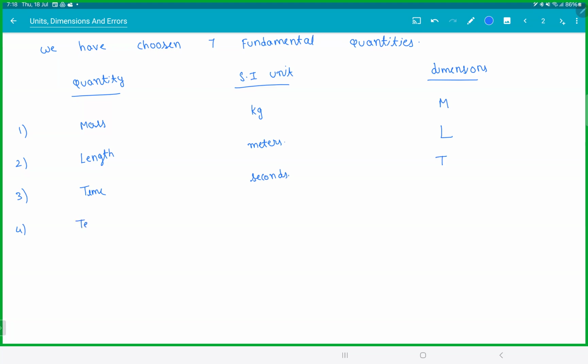Then we have temperature. We use Kelvin. This we write as K. T is already used for time, so we use a different symbol for temperature. Then we have current. We use ampere. Some people use I, we can use A. Then we have amount of substance.